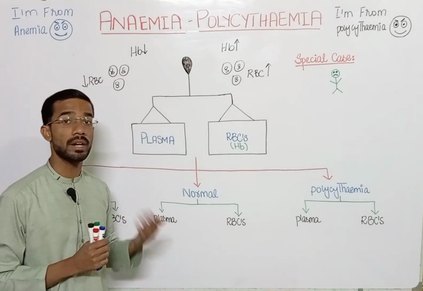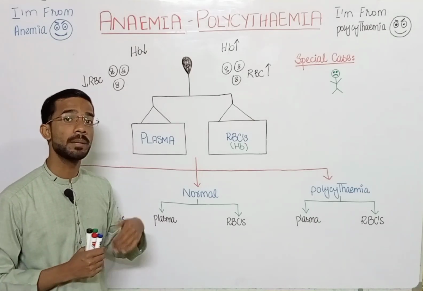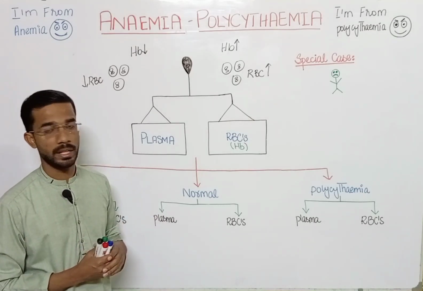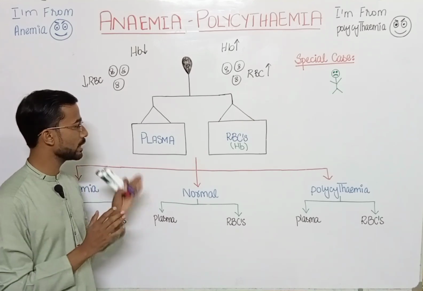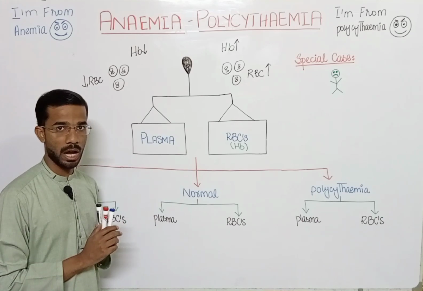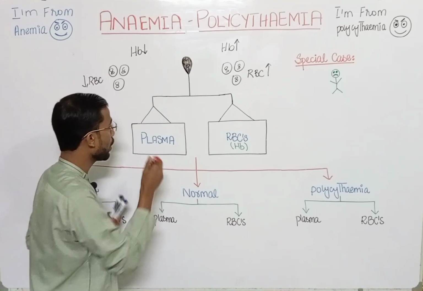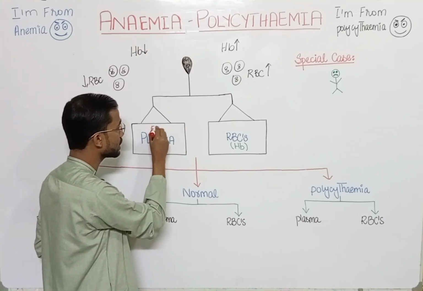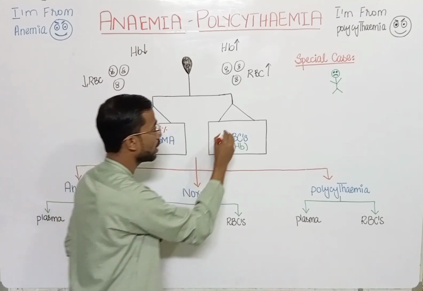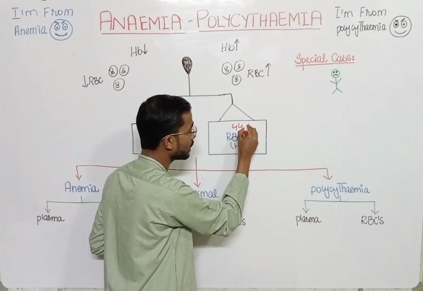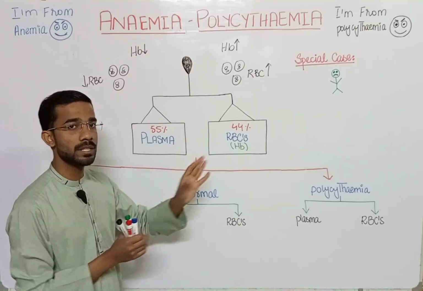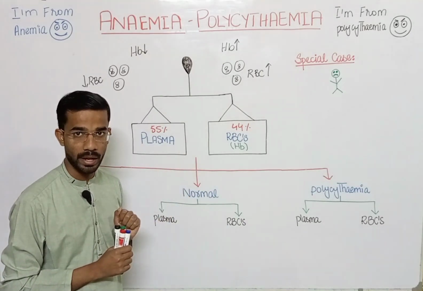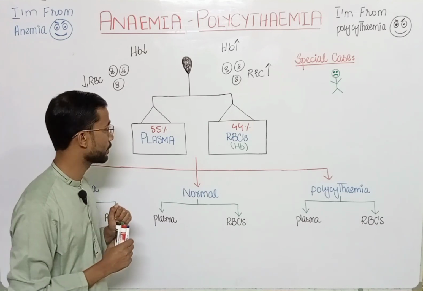But there are some rare situations in which you will see polycythemia and anemia. So here you see there should be a balance between the plasma and the number of RBCs. In a normal situation, 55% is plasma and 44% is RBCs having hemoglobin, and the remaining 1% is platelets and other things present in the blood.